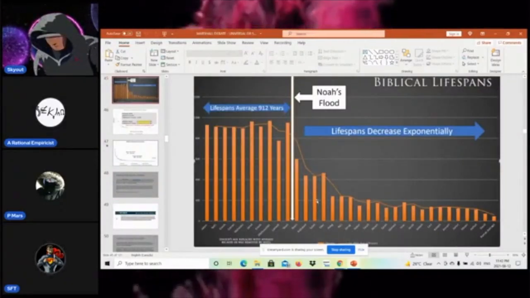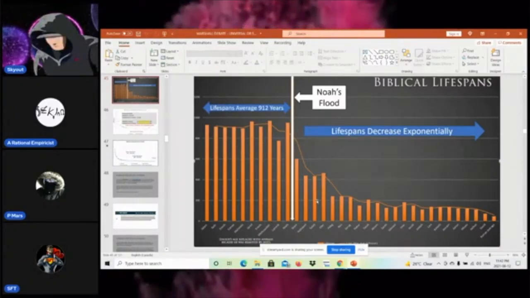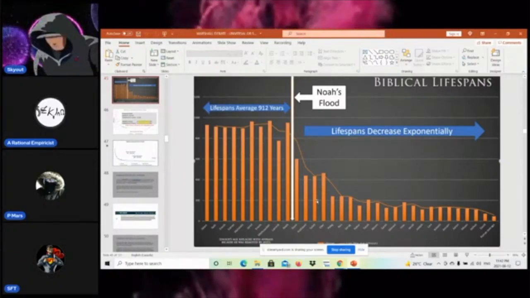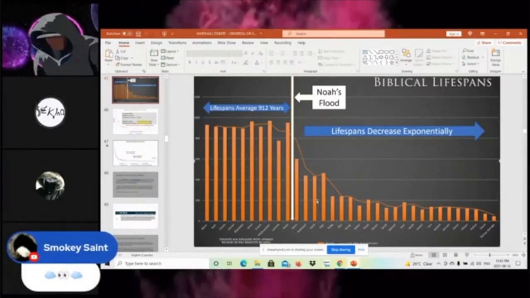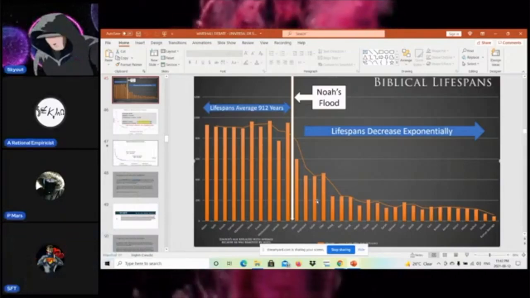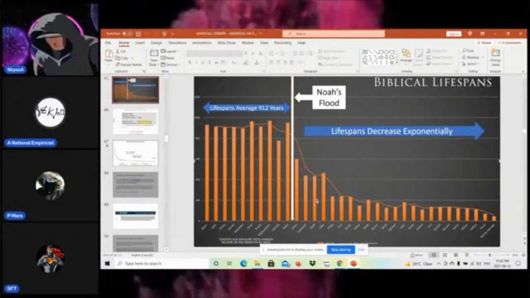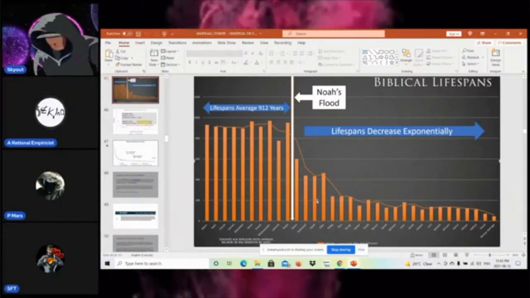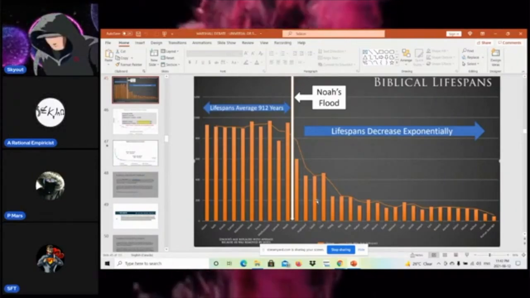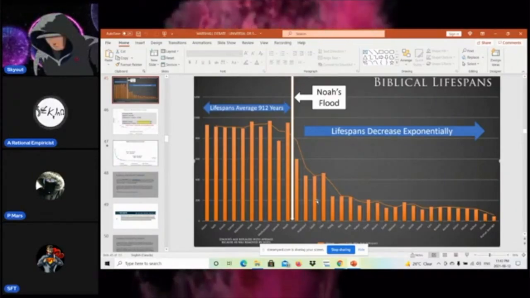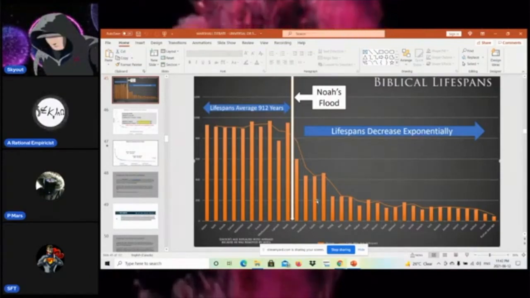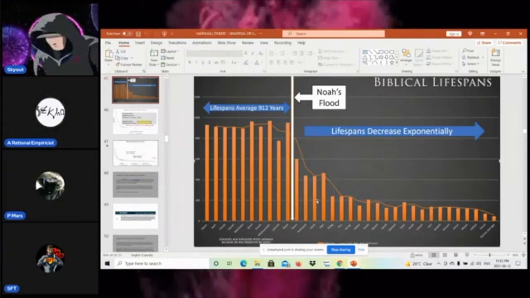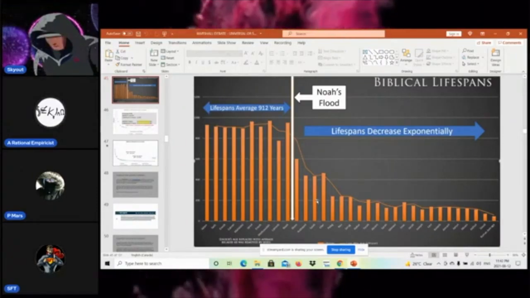Wait, repeat that part that you just said about recombination. It means that in some circumstances you're going to have offspring that have fewer bad mutations than the previous generation.